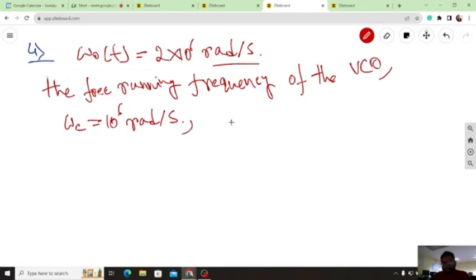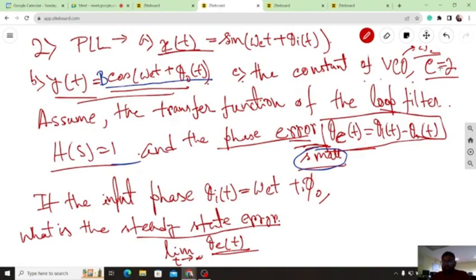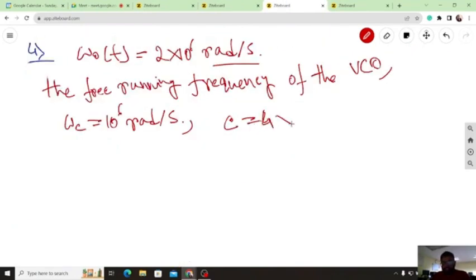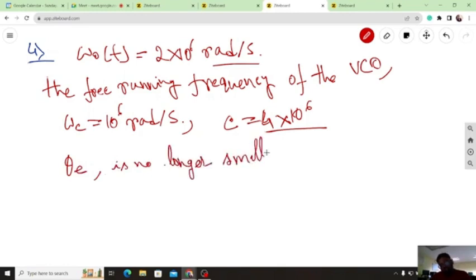Also we are given the VCO constant, the value of c. Basically the value of c here was 2, but here it has been changed to c equal to 4 into 10 to the power 6. And the point is theta e is no longer small and negligible.